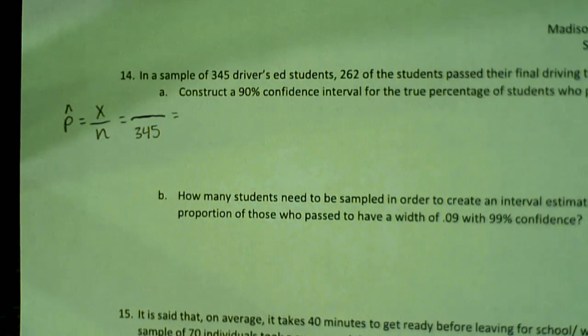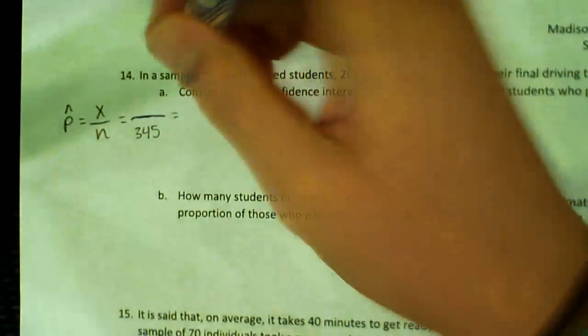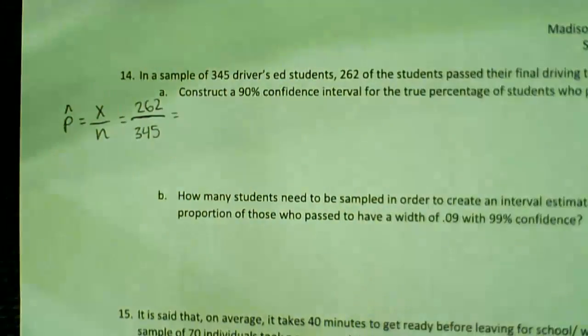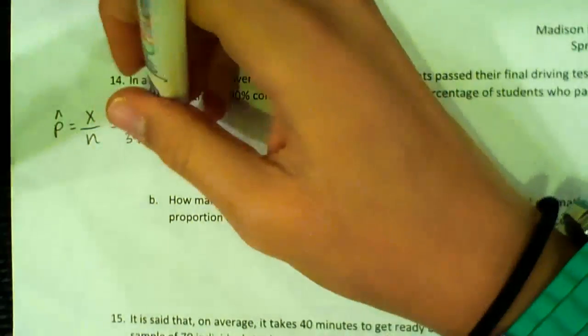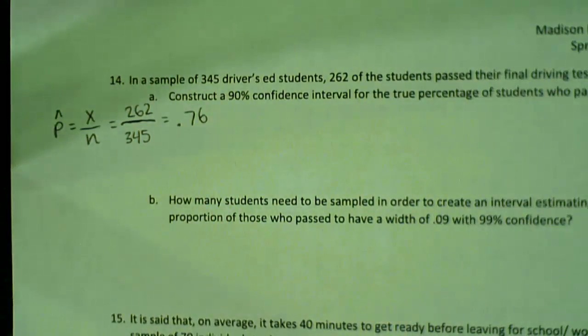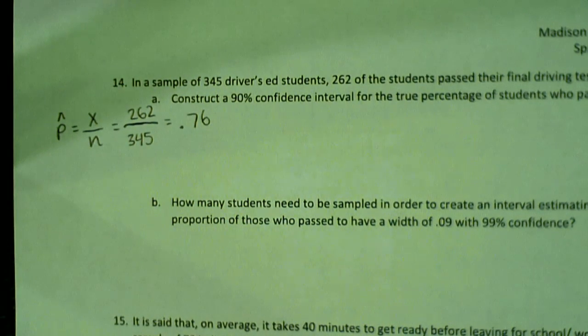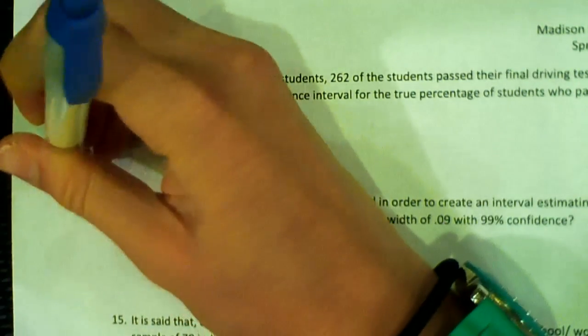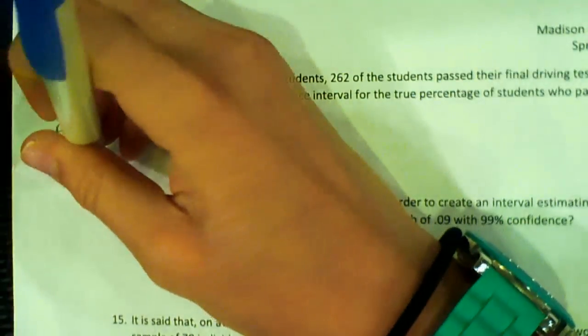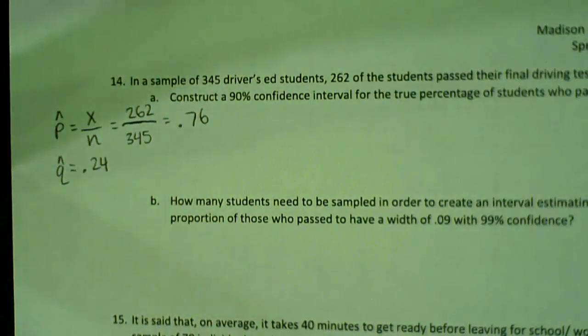What is our x? Yep. 76%. So that's the percentage of students who actually pass, which would make the fail, right, 24. It all adds up to 100%.